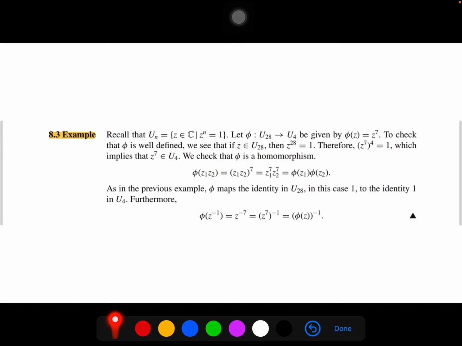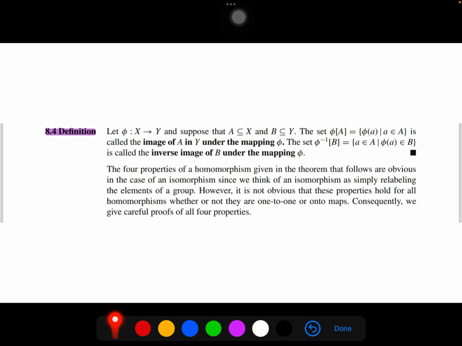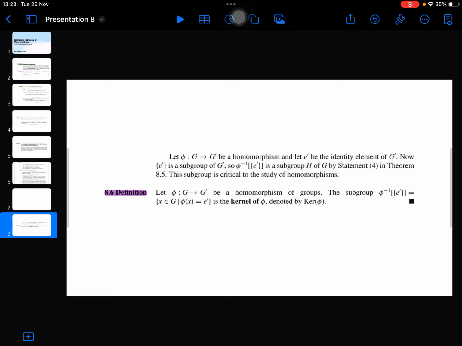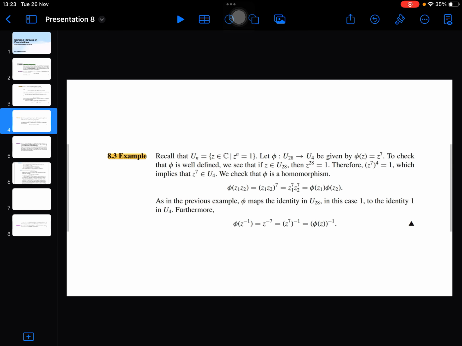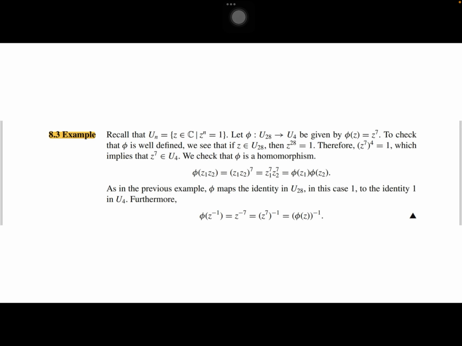For example, U28 will have 28 complex numbers, and all of them are separated by 2 pi over 28, and then U4 will be another set of 4 complex numbers with magnitude 1, where the angle of each of them is separated by 2 pi over 4. Anyway, that's about who they are.